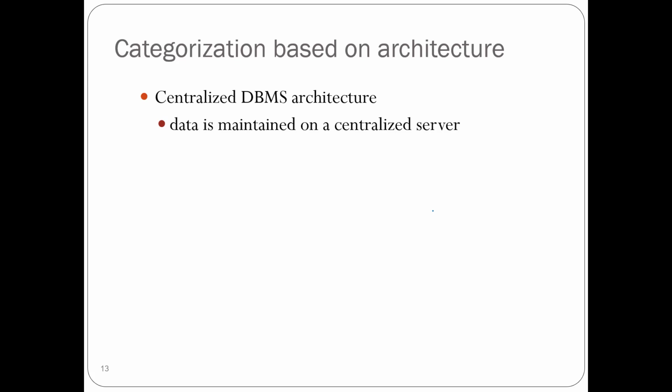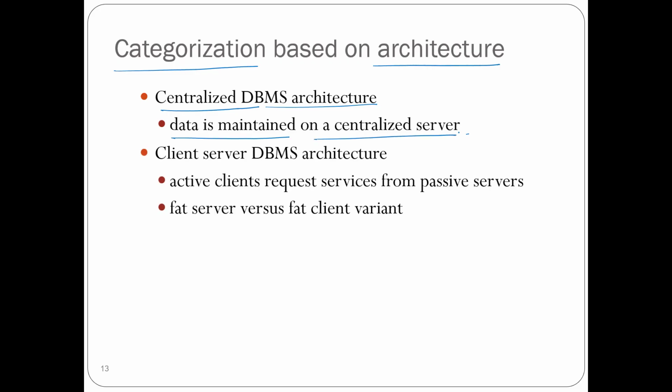Okay, so now we will look at another criterion to categorize DBMS, and this categorization is based on the architecture. So the architecture could be centralized DBMS architecture. In the centralized DBMS architecture, the data is maintained on a centralized server, could be a mainframe kind of machine.